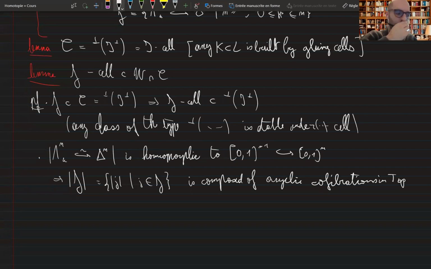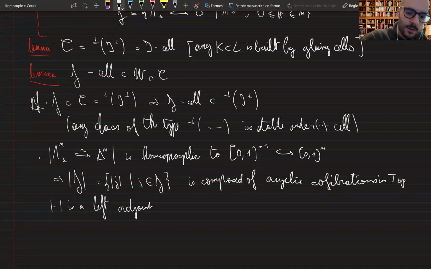All right. So if you take something in J and you take a geometric realization, then you get something which is an acyclic cofibration in topological spaces, right? Geometric realization is the left adjoint, from which you can deduce that, I will write it this way.